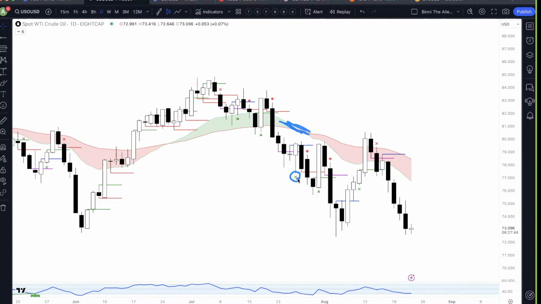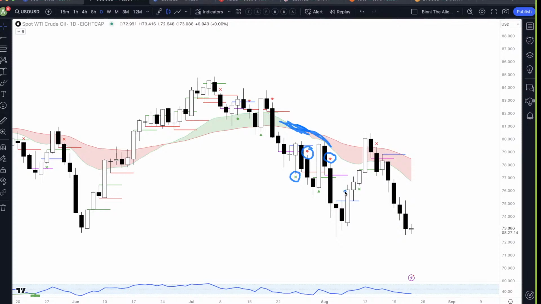When the buy signal appears, is it above or below the moving average? Which means that when the moving average turns down, it's acting as a ceiling. Then you should be trusting the red signal.